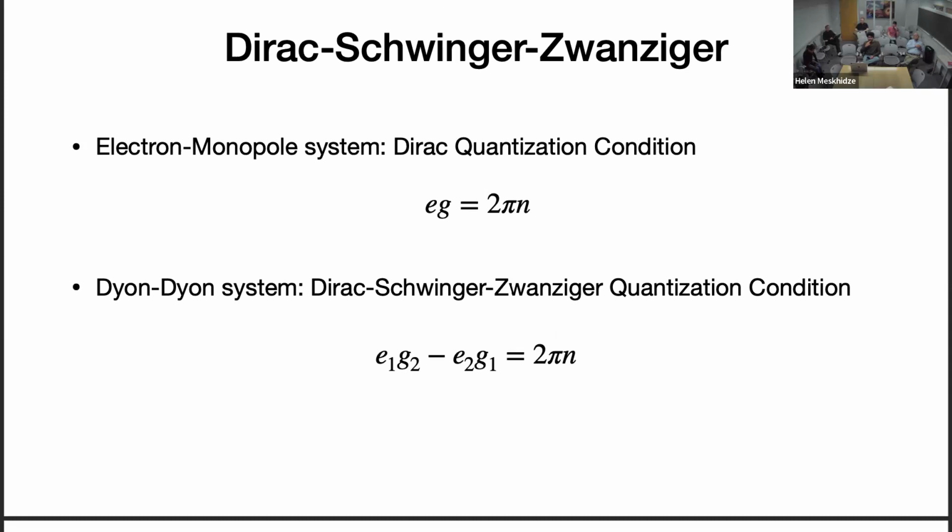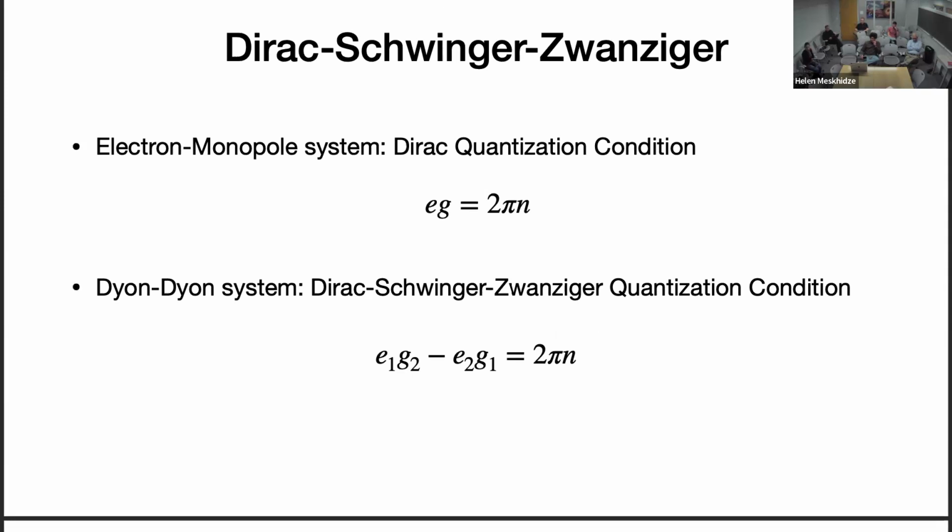As I mentioned before, there is a special combination that appears in the equations and in the results, a combination of electric and magnetic charges, and it is constrained by duality.